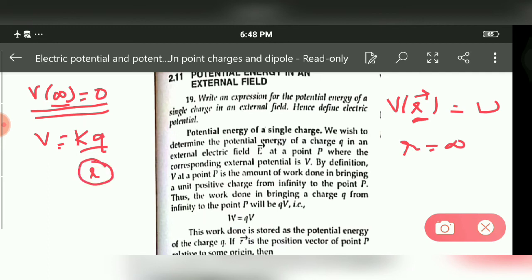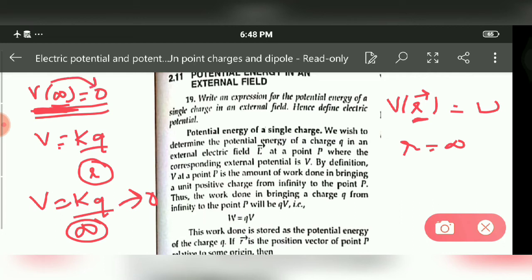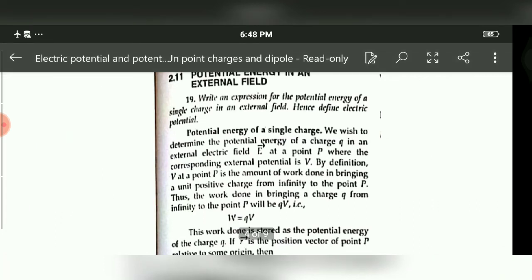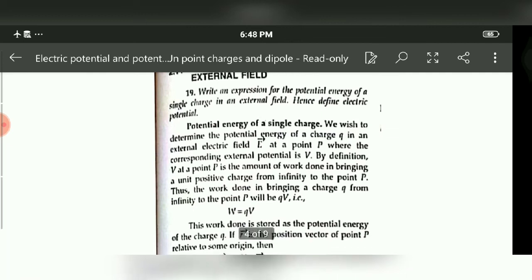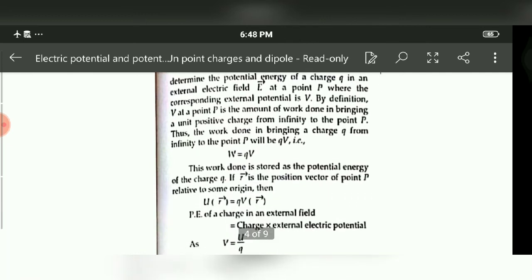So if we substitute the value of R as infinity, K Q by infinity, since something divided by infinity approaches 0, the potential at infinity approaches 0. So this was the point I discussed with you. At infinity the potential is always 0.